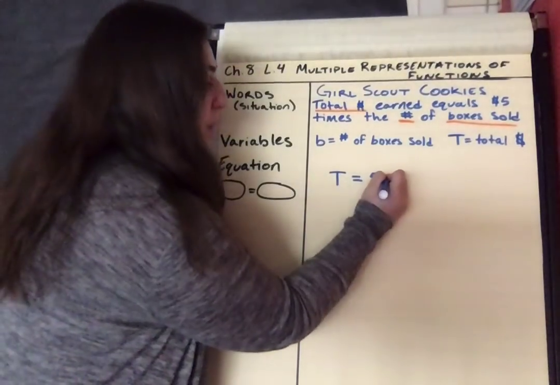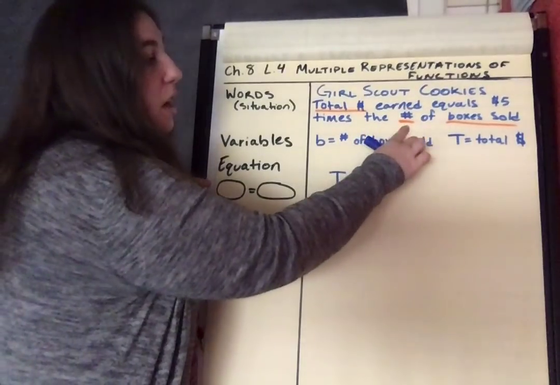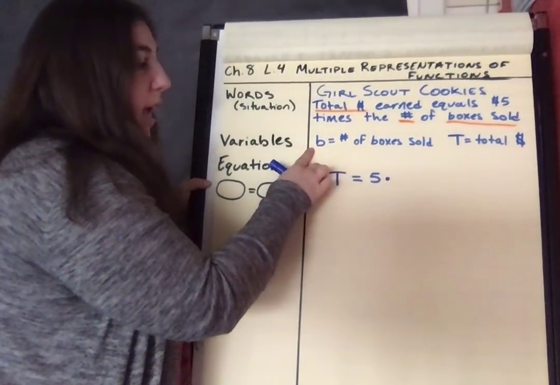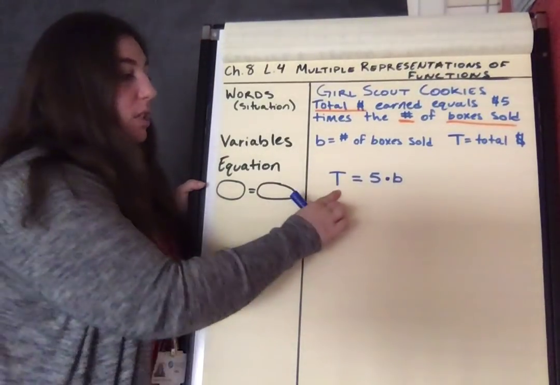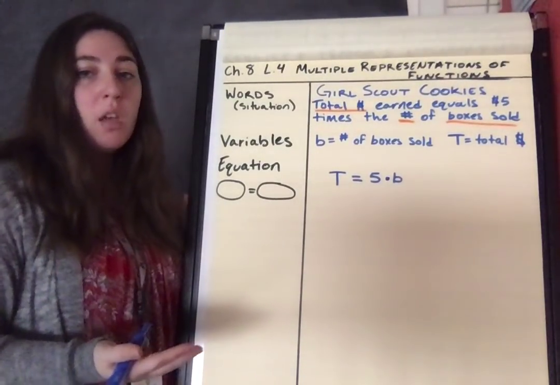So I'm going to be multiplying 5 times the number of boxes sold, and for the number of boxes sold, we have B. So T equals 5 times B is our equation.